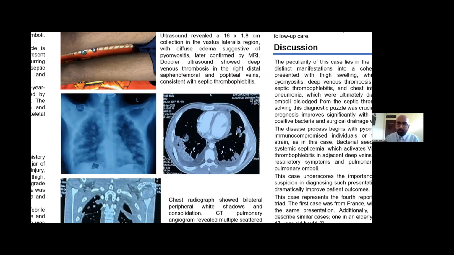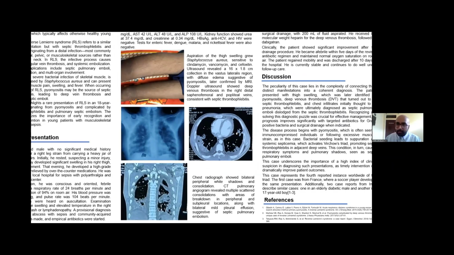In his management, we did an ultrasound-guided pus aspiration from his thigh and sent it for culture, and it grew Staphylococcus aureus, which was sensitive to vancomycin and clindamycin. So we upscaled the antibiotics accordingly, but unfortunately, after a few days, the swelling kept on increasing. So we had to drain it surgically, and we drained almost 200 milliliters of pus.